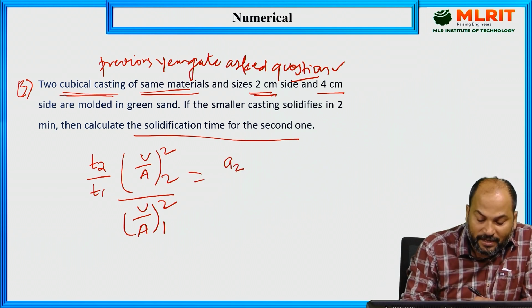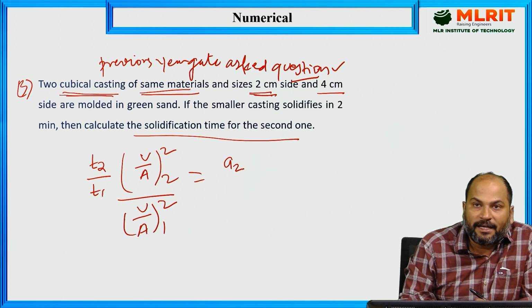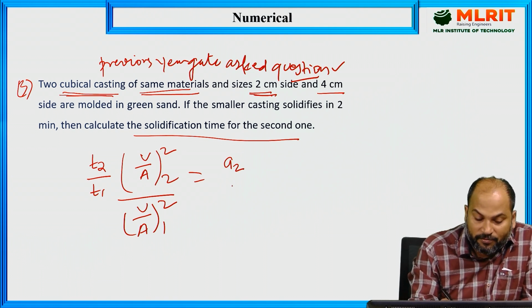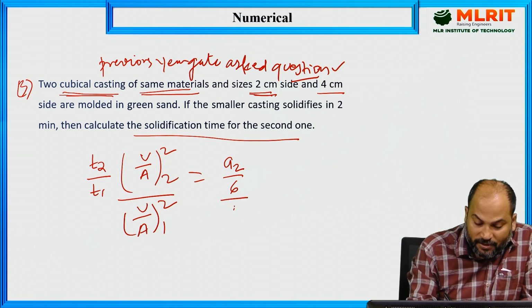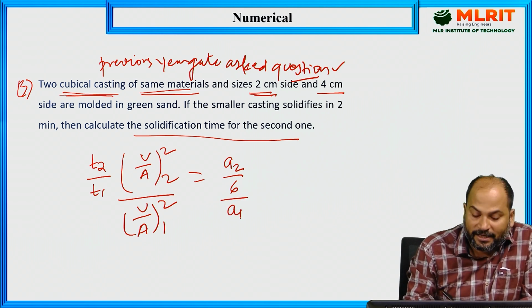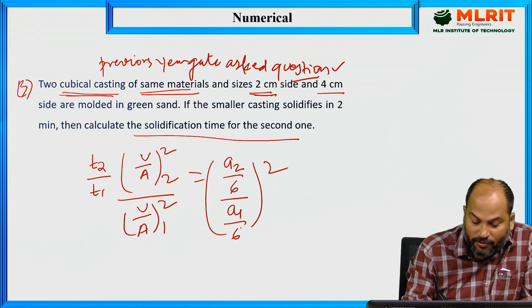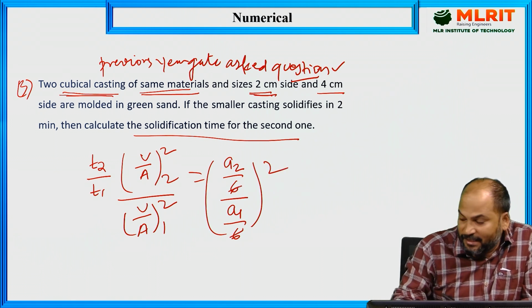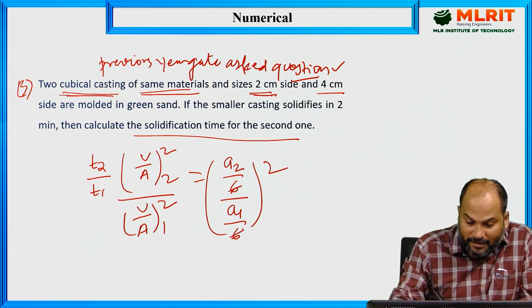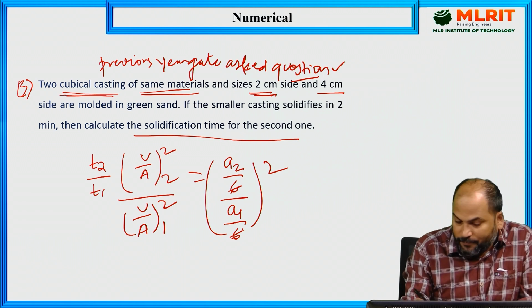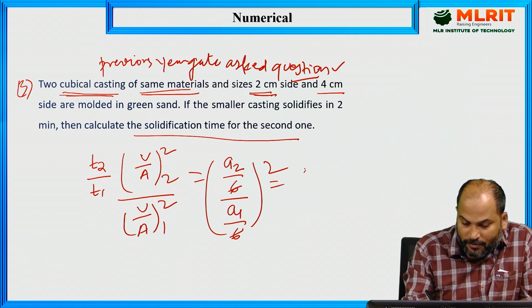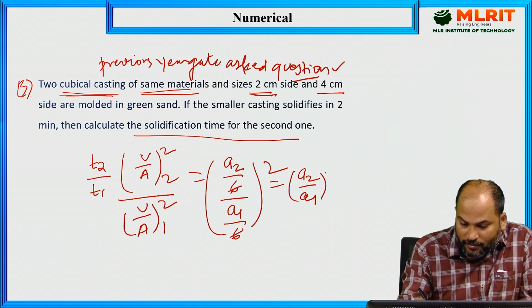So if we write A2 as the side length for the second casting, it will be A2 upon 6, and for the first one, A1 upon 6, and the whole squared. So these 6 and 6 will be cancelled out, and finally it will be A2 upon A1, whole squared.